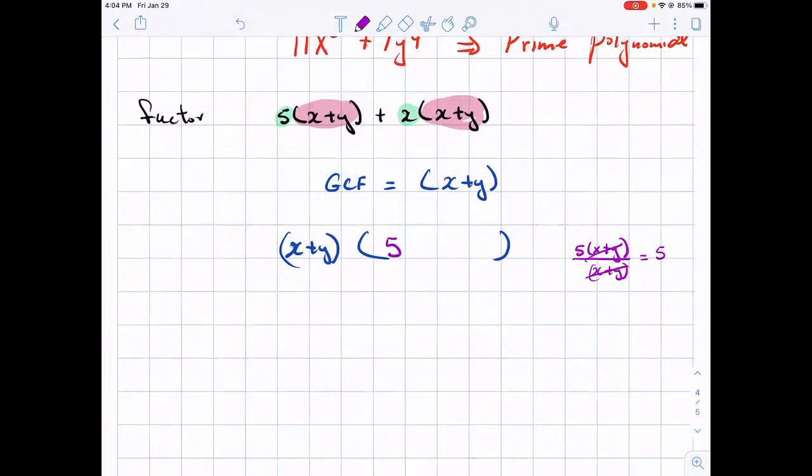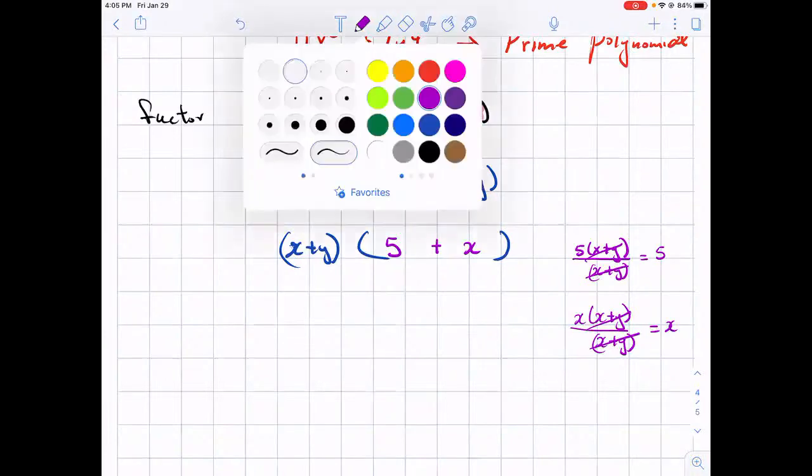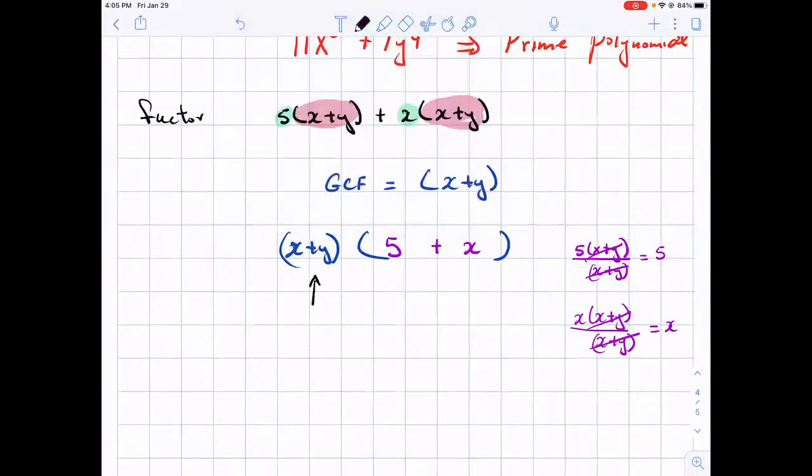And if we do the same with x times (x plus y), the second term, and we divide that by our GCF, x plus y, this will cancel, leaving me with just x. So here we have plus x. So now we have two factors. This is our first factor, x plus y, and this is our second factor, 5 plus x. Okay?